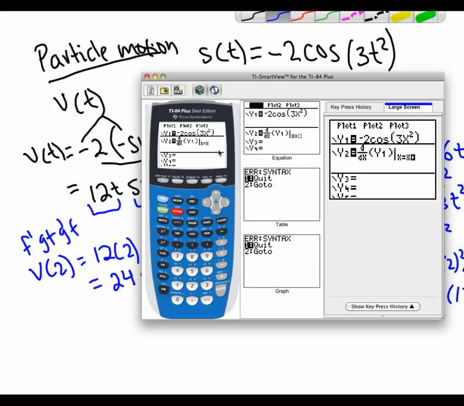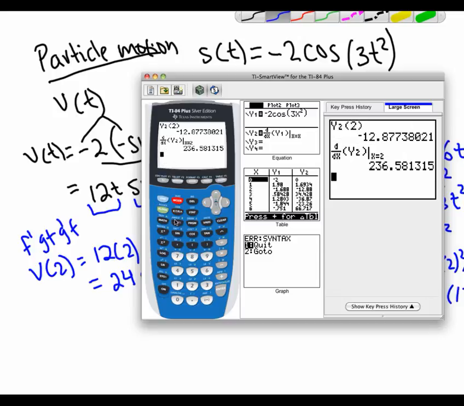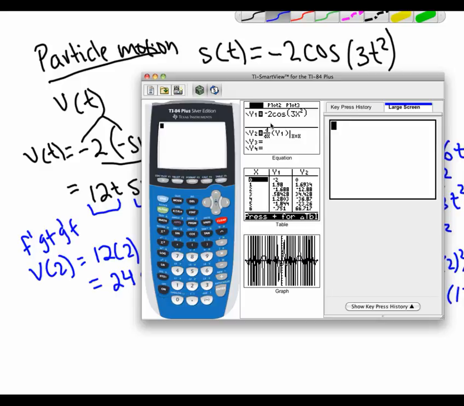So that's one way. Now I'm going to go to the home screen and evaluate my velocity function. I know that the velocity function is my y sub 2. So you have to be careful what y you select in order to evaluate. Since I want the velocity evaluated at t equals 2, I'm going to use y sub 2.